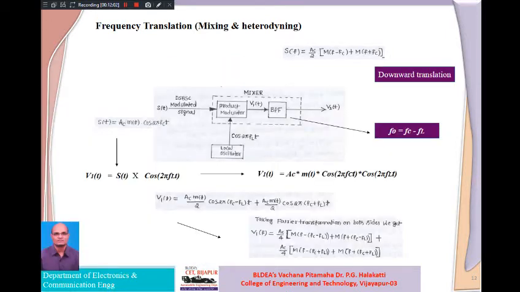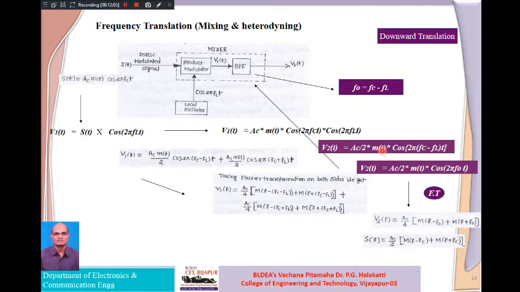Now we got v1 of t. Next we will have a band pass filter which is tuned to fc minus fl, meaning it is tuned to select only the fc minus fl frequency components. Only the fc minus fl frequency component will be selected from this.